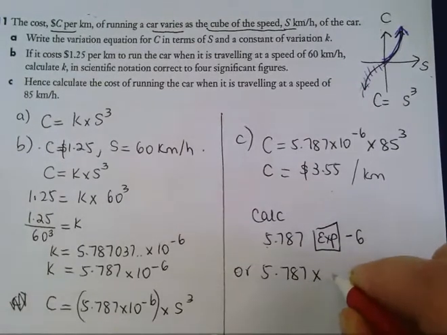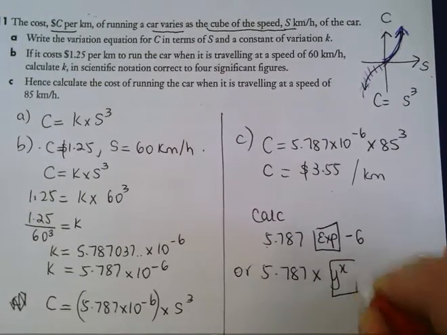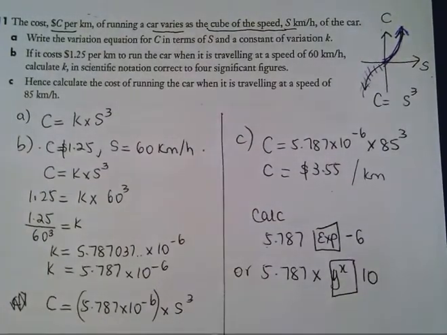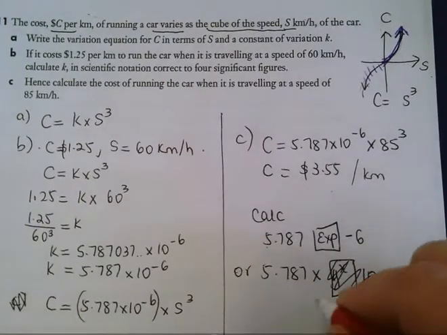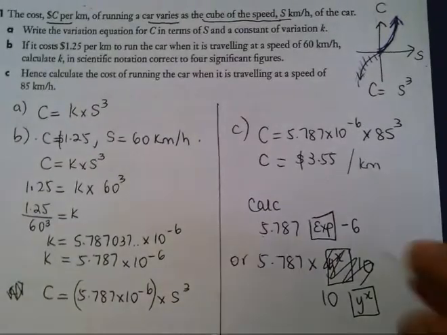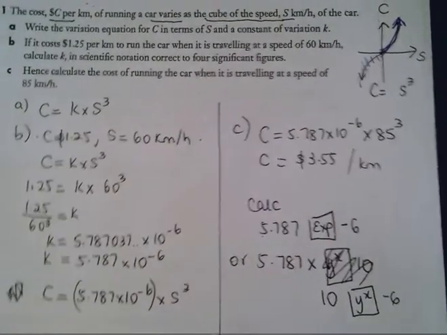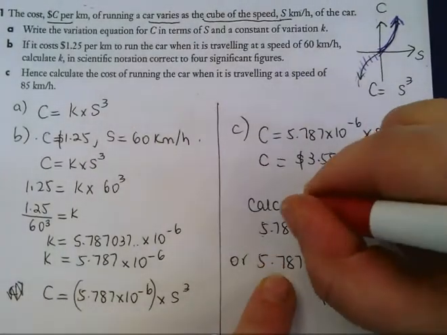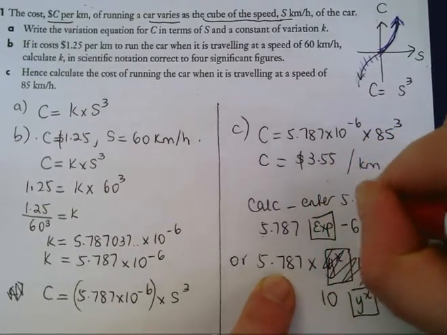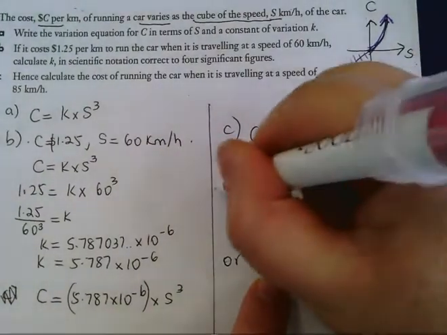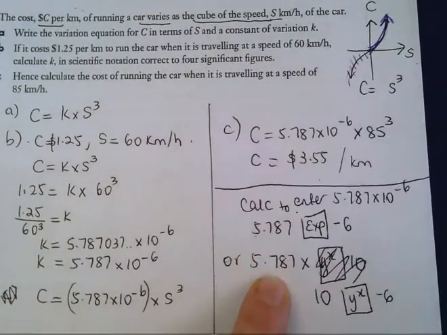You press times 10, then you press the Y to the X button if you want, and then press negative 6. Negative 6, not minus 6, negative 6. So that's two ways of entering 5.787 times 10 to the negative 6, if you want to enter that.